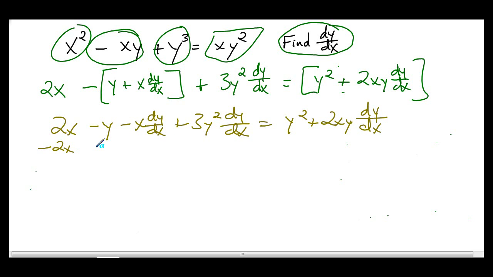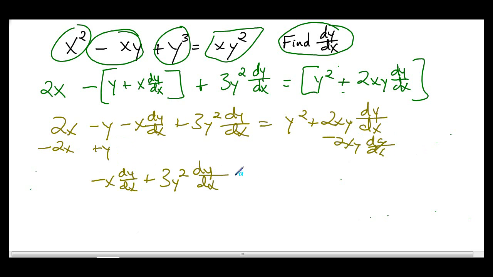So I'm going to subtract my 2x, and add a y to get those on the other side. So I'm left with the negative x dy/dx plus the 3y squared dy/dx. And I'm going to move this piece over to the other side, so I'm going to subtract that piece. So it's going to be a minus 2xy dy/dx.